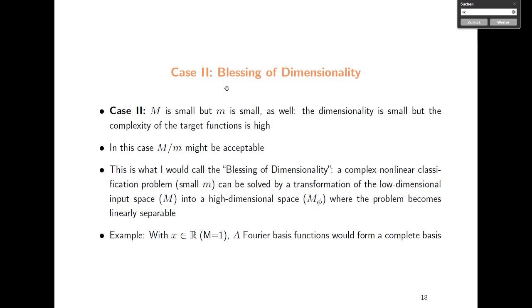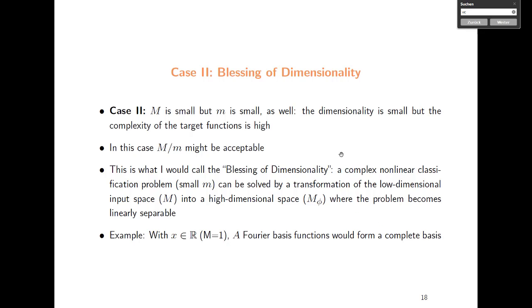As an example, if you only have one input, so M equals 1, Fourier basis functions would form a complete basis even. So if the dimensionality is small, we can tolerate a lot of complexity in the function.